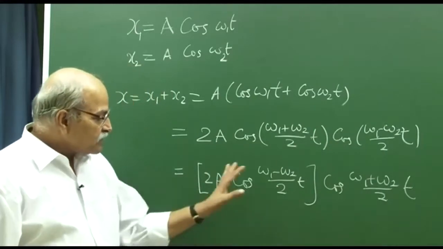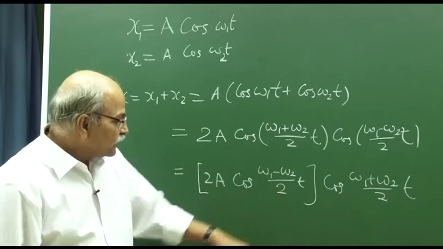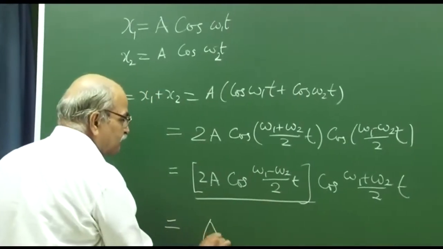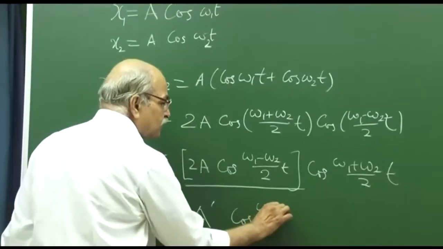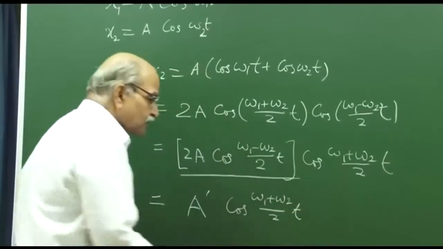So, you can describe this as an oscillation with this as the amplitude. You can write this as some a prime, some amplitude, and then cos of (omega 1 plus omega 2) over 2 times t.